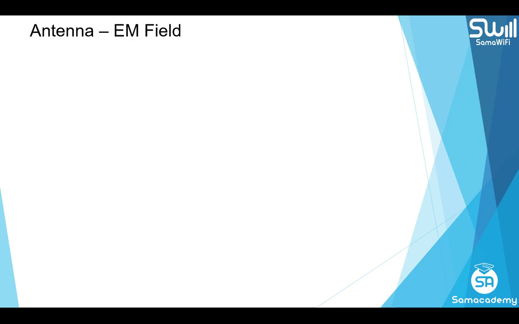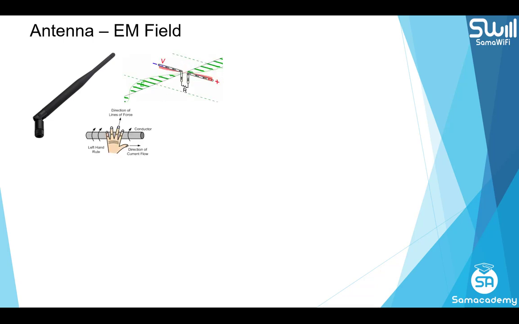The most common antennas are dipole antennas. Induction of electricity causes perpendicular magnetic fields. This is the principle of antenna pattern, as you can see here.